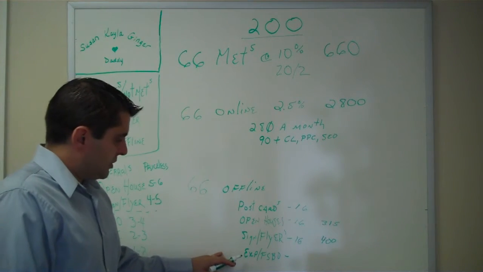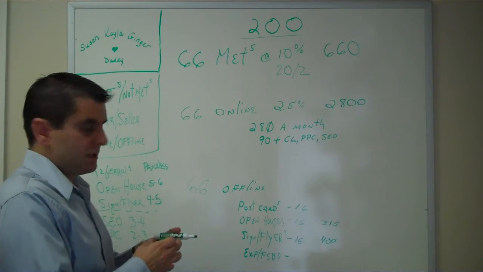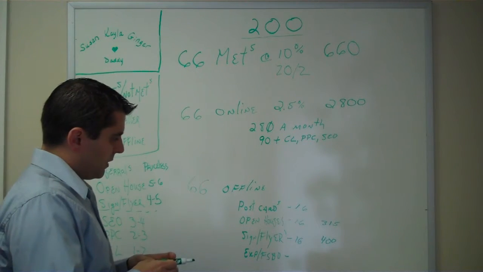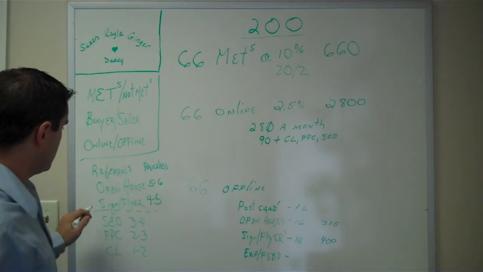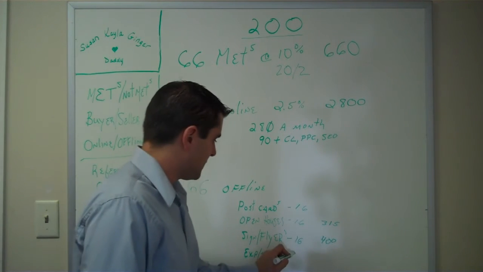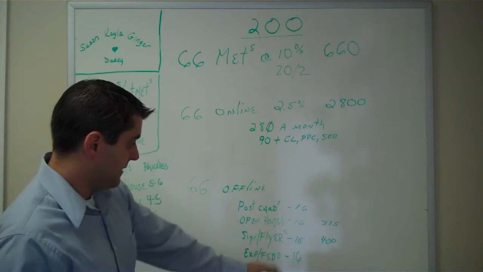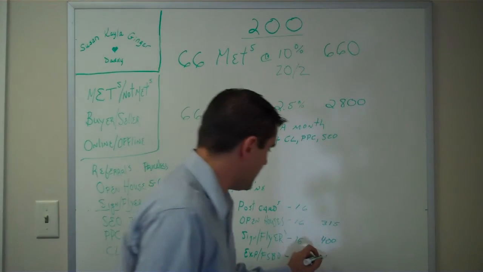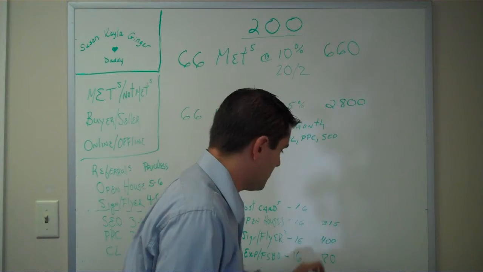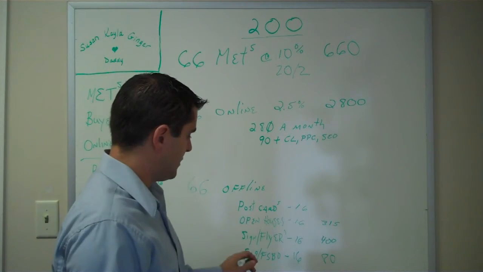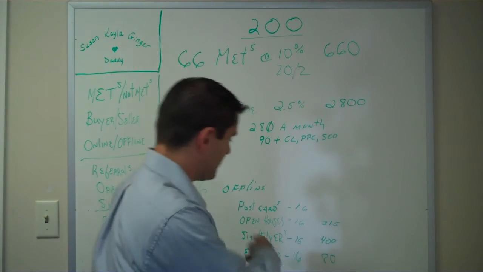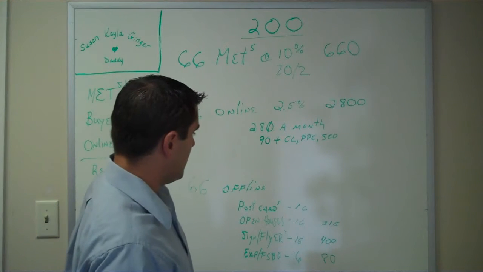Basically, you need to be in a relationship with 5 expires or FSBOs at one time to have a closing. So to have 16 closings means you need to be in 5 times 16, which is 80 relationships to have those 16 closings. 80 for sale by owner and expired.